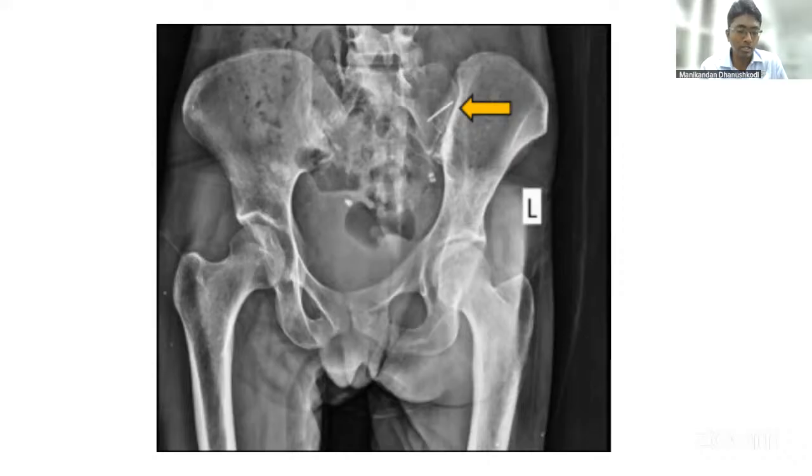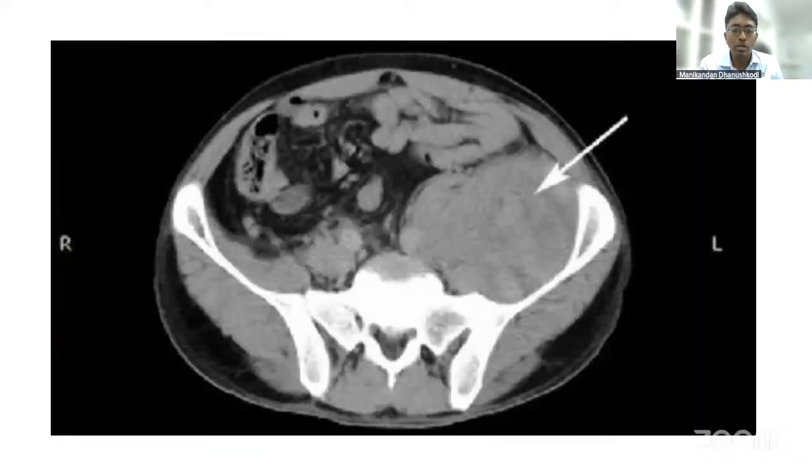I actually encountered this when one of our residents had done a bone marrow needle during my training days in Cancer Institute. Can any residents tell what this CT scan is showing? This is actually a CT scan of a patient with a large retroperitoneal hematoma.